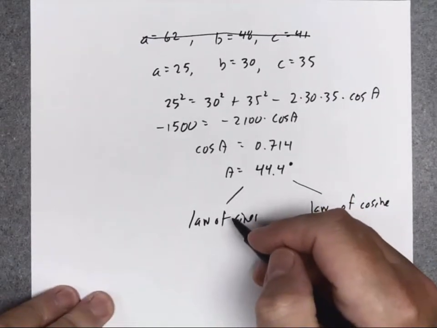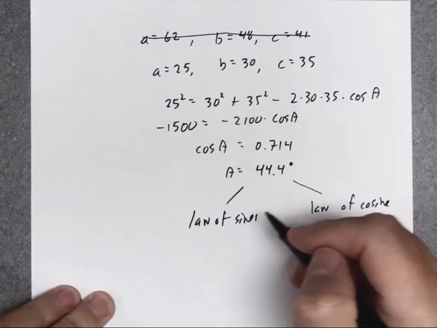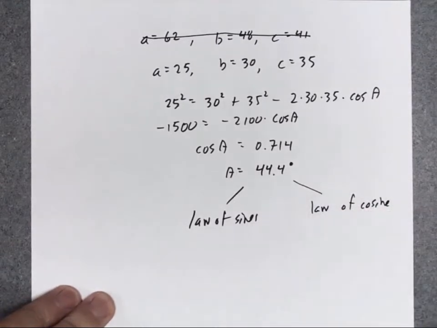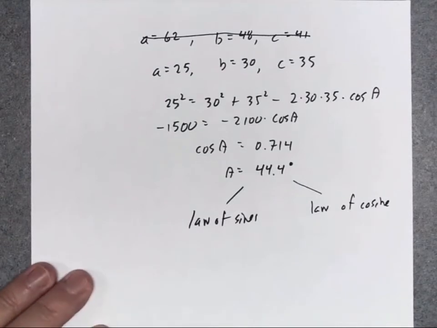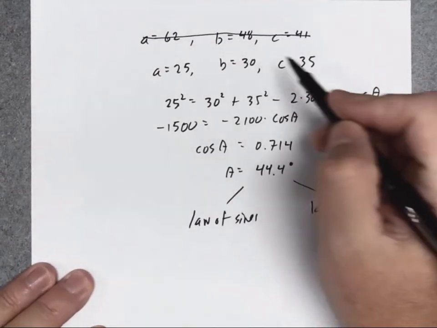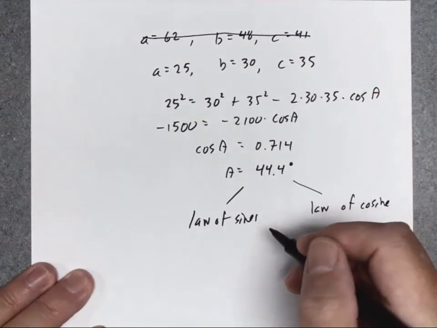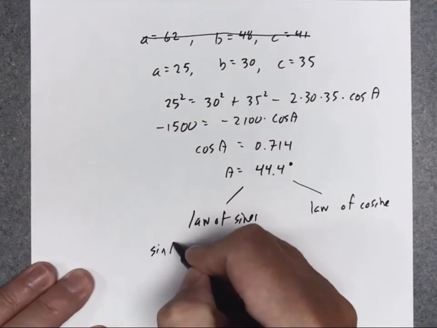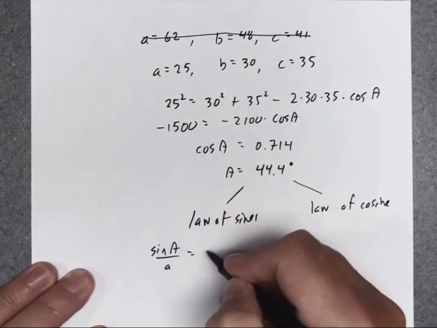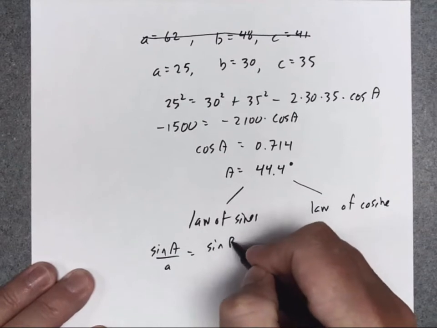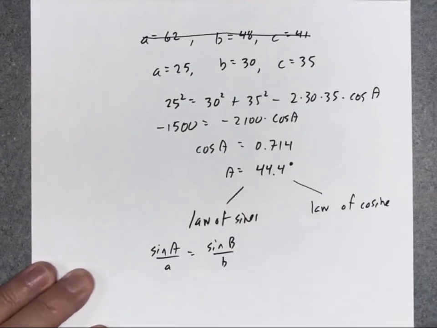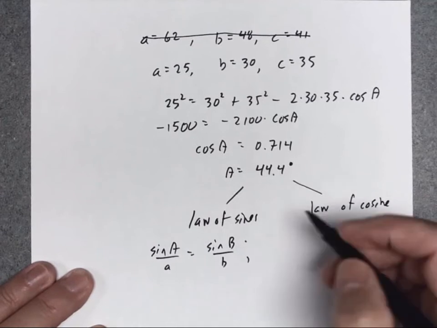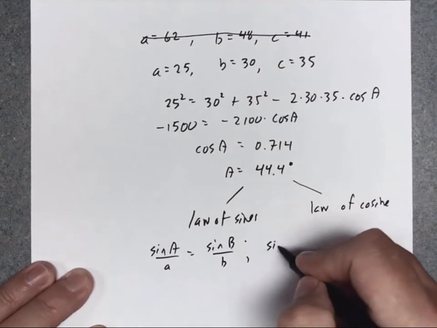So once again, I have a choice now. I can go try and find angle B or angle C. I need to choose the one with the shortest side. So B is 30, C is 35. I better choose B. So I'm going to have sine of A over A equals sine of B over B. So I start putting the numbers in.